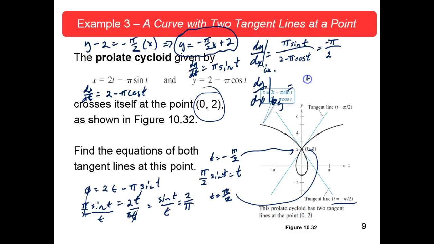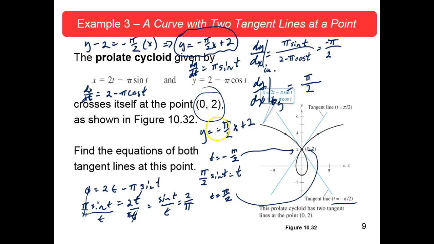So that would be pi times sine of pi halves, which is 1, divided by 2 minus cosine of pi halves, which is 0, so pi over 2. So again, the t is pi halves, but also your slope is pi halves. Strange but true, and it is a positive slope, we can tell that. And I think it's pretty obvious when you do this that you have y is equal to minus pi halves x plus 2.